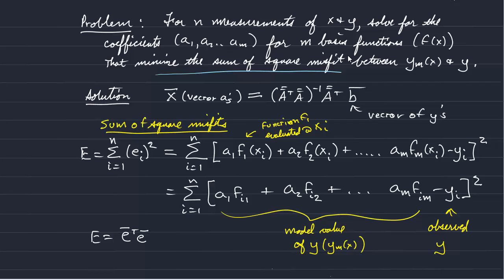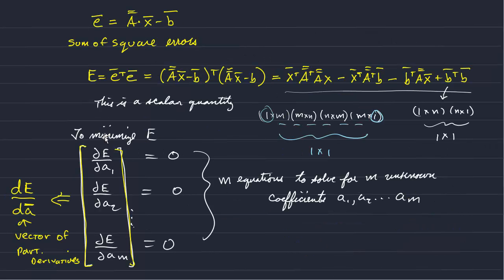So I think I'd like to wrap this video up, this first half of the video, right now. Again, our problem is, given our measurements of x and y, we want to solve for the m coefficients for the m basis functions that minimize the sum of square misfits between the model and each value of y.